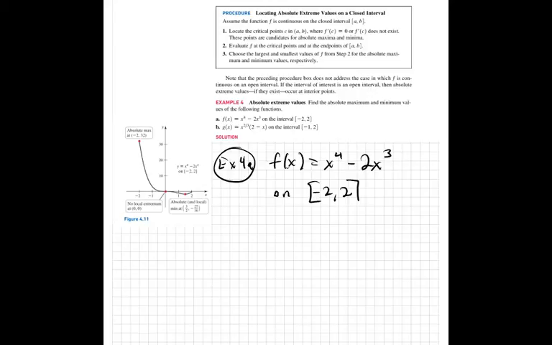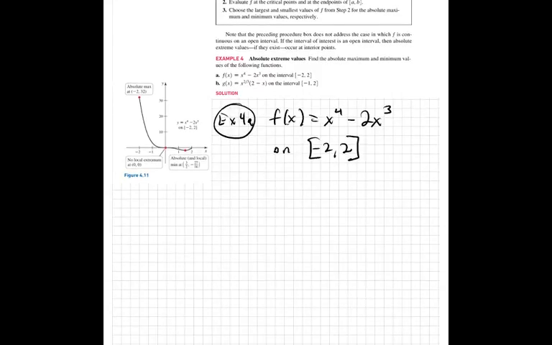Okay, so let's start by finding the critical points on this open interval. Let's consider f prime of x and set it equal to 0. f prime is going to be 4x cubed minus 6x squared. We want to set it to 0 and solve.